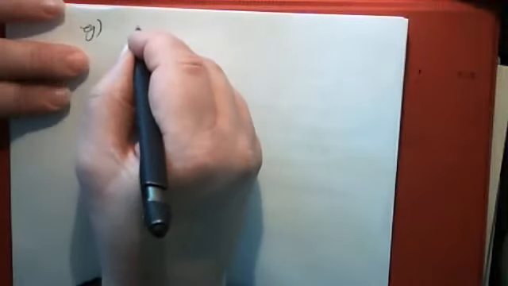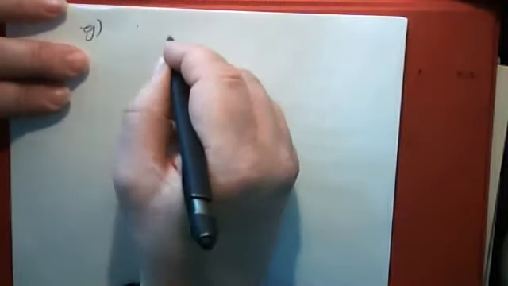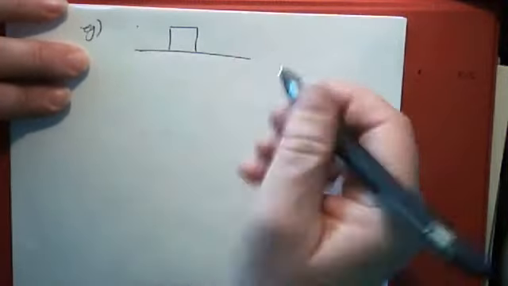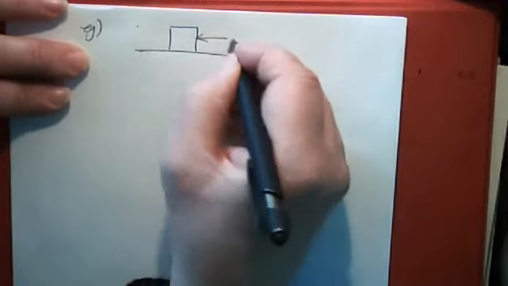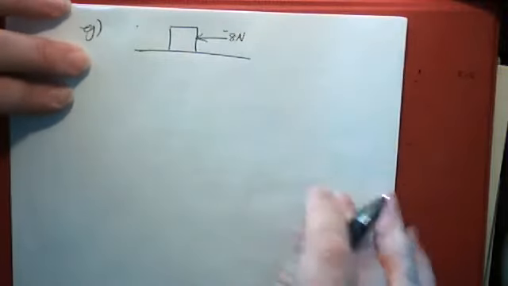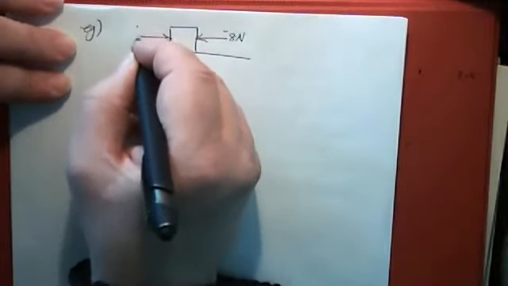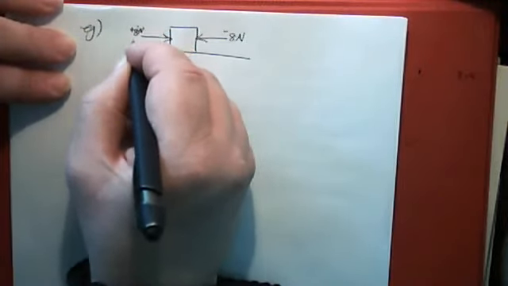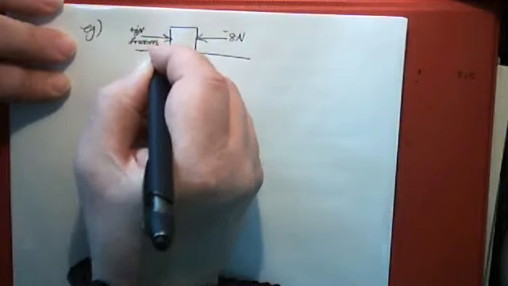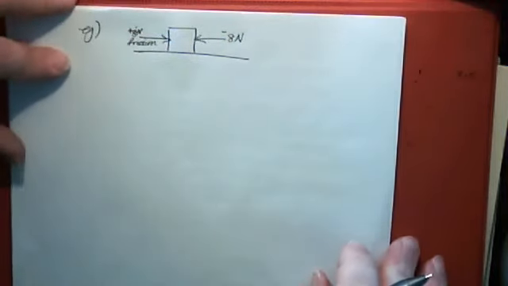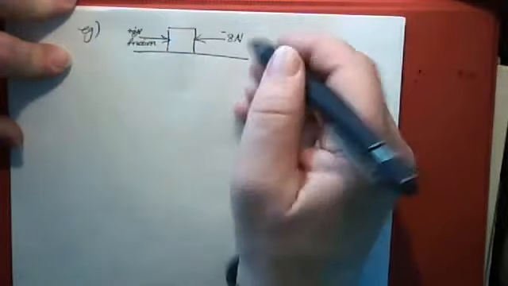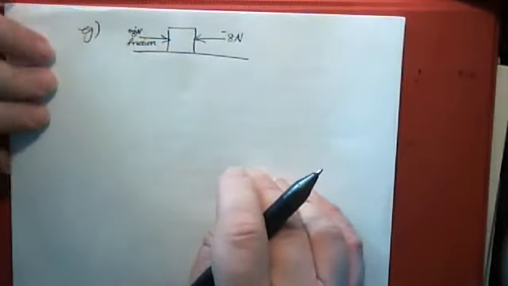Okay, there's another possibility that friction might be involved here. If you've got a box sitting on a floor and you apply 8 newtons of force toward the left, in other words, negative 8 newtons, but friction is applying 8 newtons in the opposite direction, then it doesn't move.